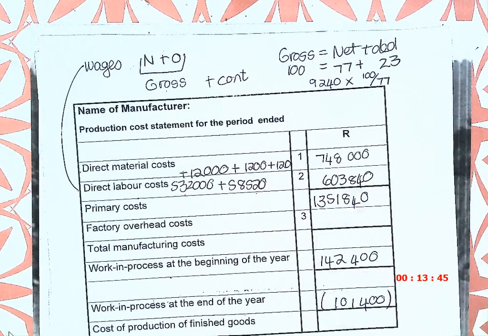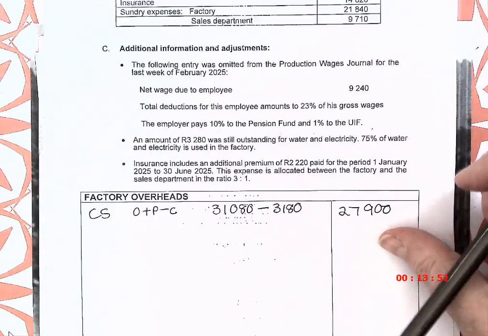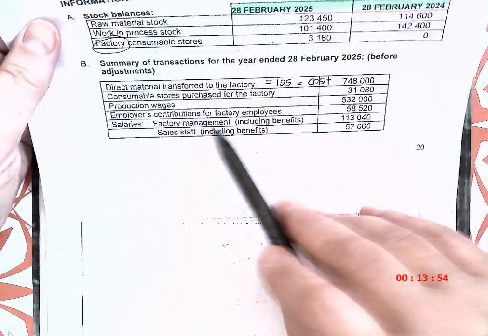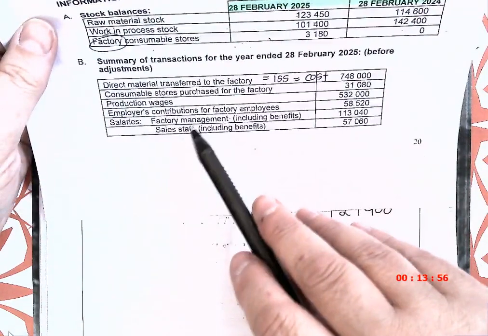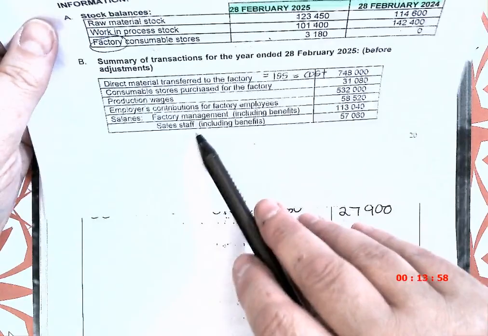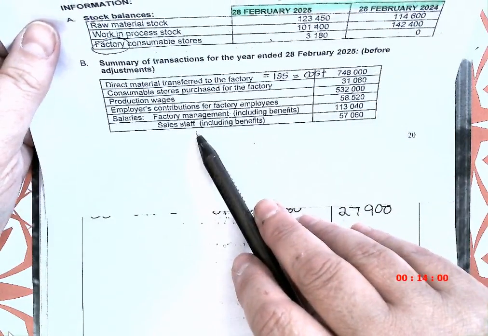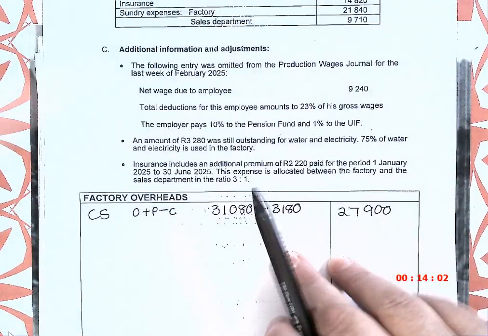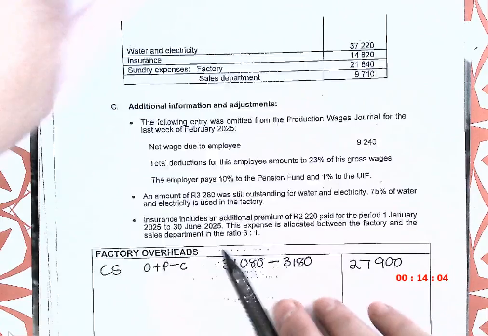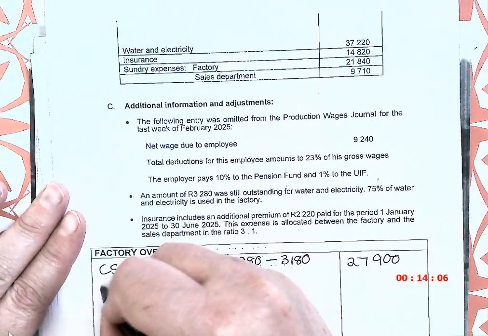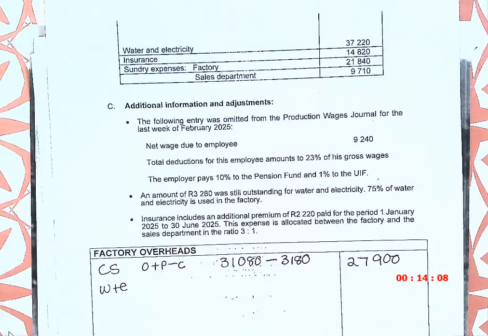I'm still busy apparently with the factory overheads. So let's go. I see salary for the factory management, for the sales staff, that's sales and distribution. Now I see here they give me water and electricity. Things like water and electricity, insurance, rent: you get one account, you pay one account.